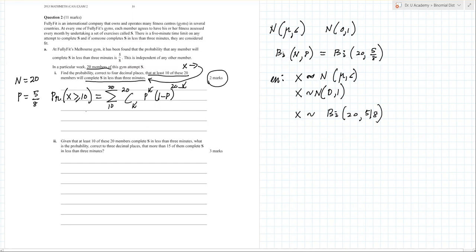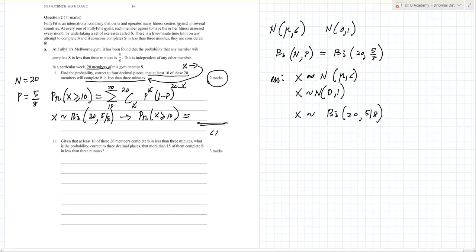Now you have to write this for 2 marks, and then write that X is binomially distributed, 20 and 5 divided by 8. So this is the distribution. You have to say what distribution you are looking at, and in that distribution you are looking at the probability of X greater than or equal to 10.